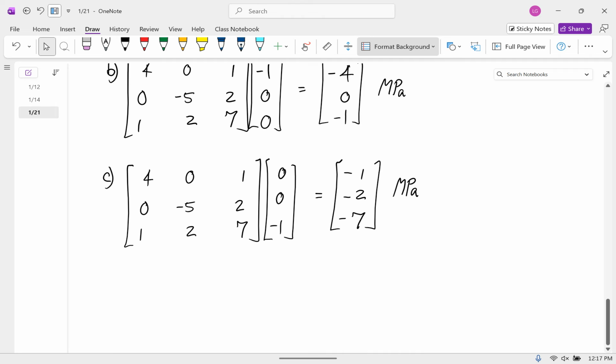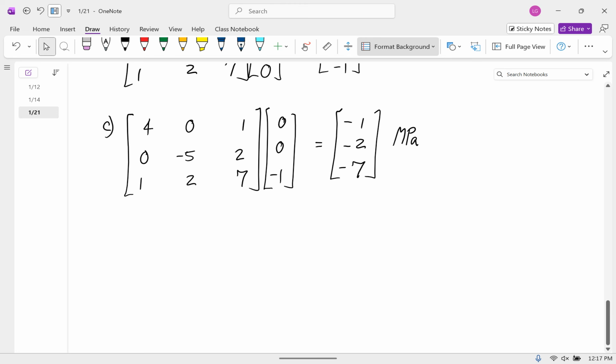Okay, so that gives us the tractions on the faces of that cube, but it's not real clear yet what the benefit is of this multiplication thing, since you can just look at the cube. But notice that the orientation of the stress cube is arbitrary.